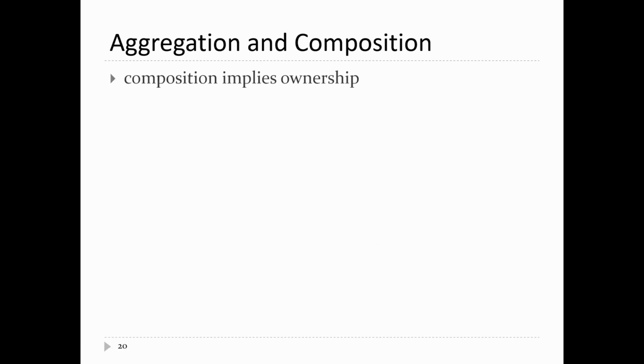Now, composition, so there's two different relationships here. Composition is the relationship that implies ownership. So what does that mean? If Queens was to disappear tomorrow for some reason, all of its departments would also disappear.